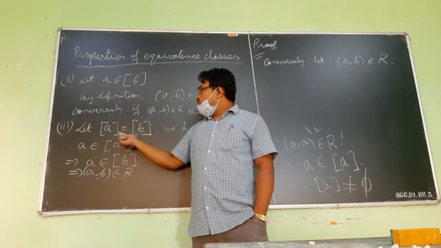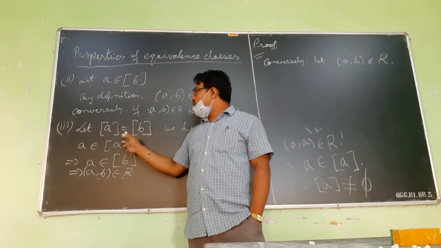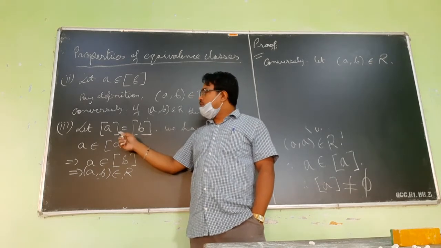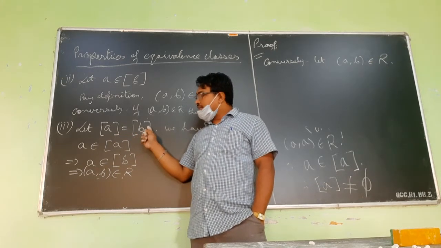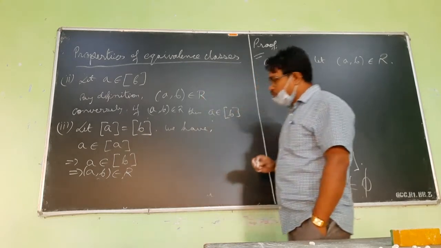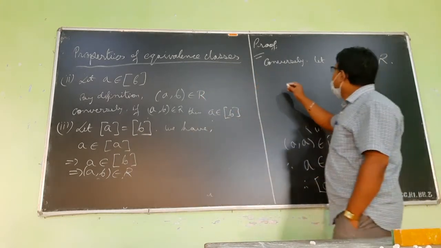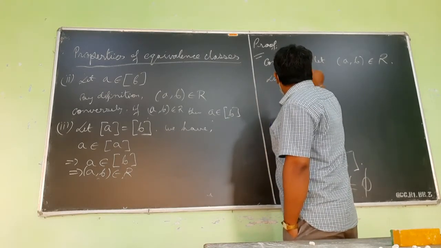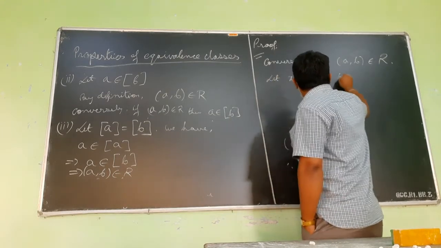So when are two sets said to be equal? If each is a subset of the other. So class a is a subset of class b, and class b is a subset of class a. You have to show this. So let X belong to the equivalence class of a, be any element.